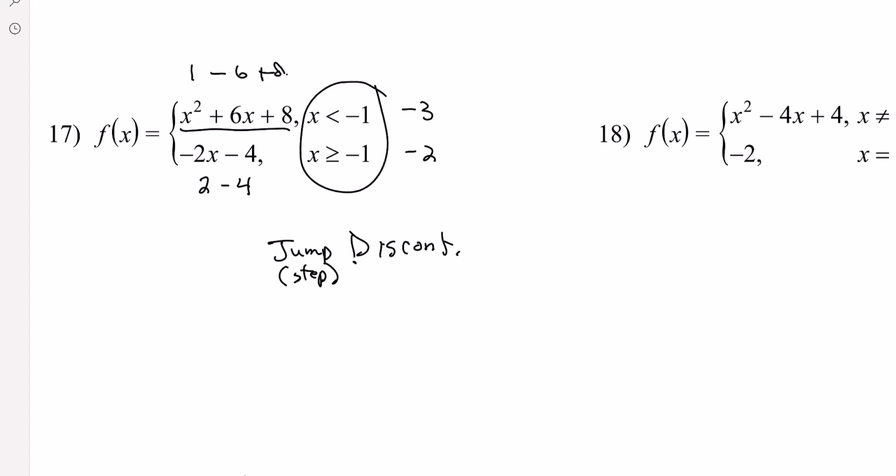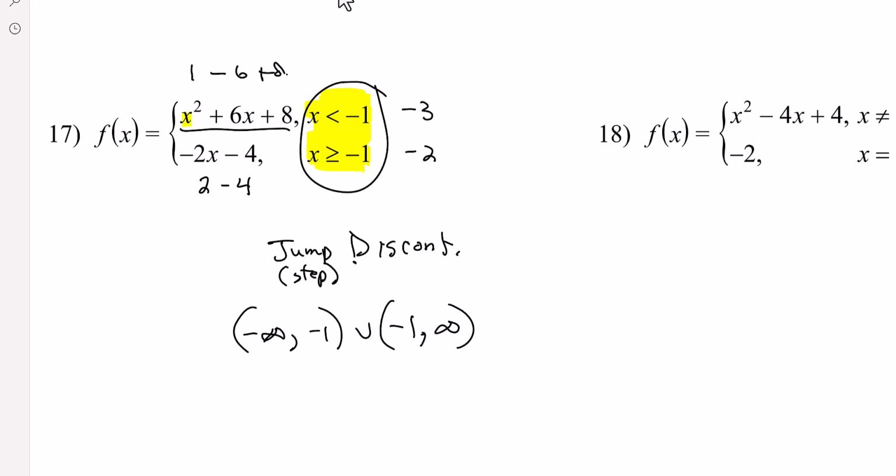But this is the interval. So negative infinity up to negative 1, union negative 1 to positive infinity. So that's the key thing here to remember, when you're talking about these piecewise functions and different types of discontinuity, this is what we're looking at.